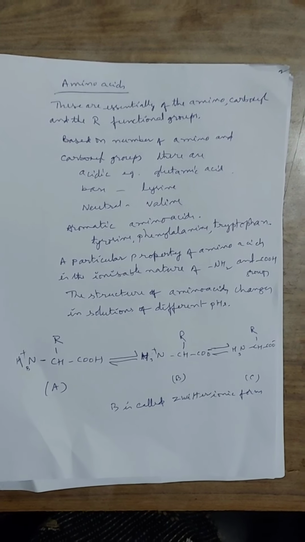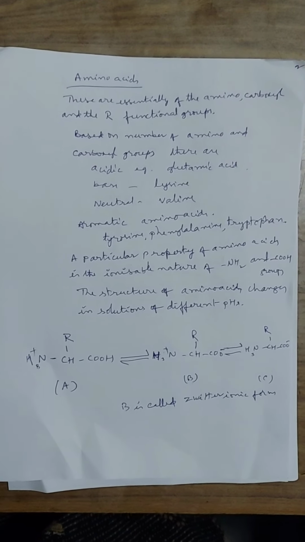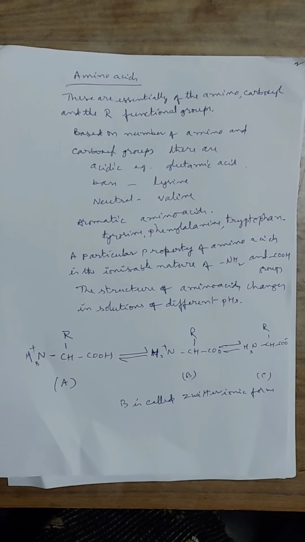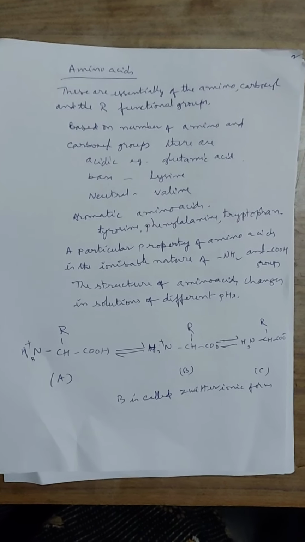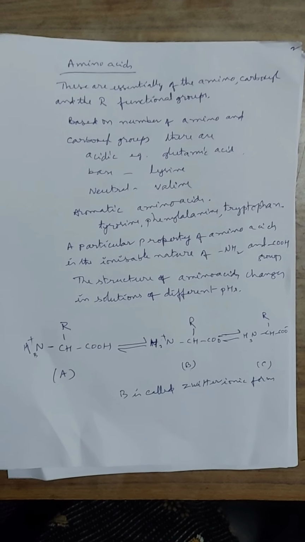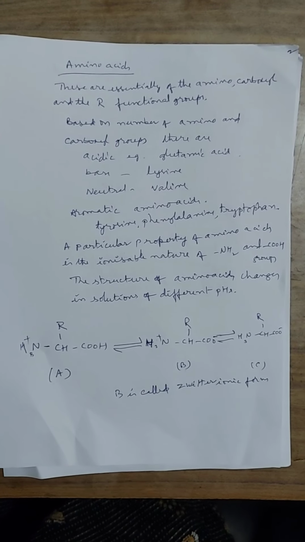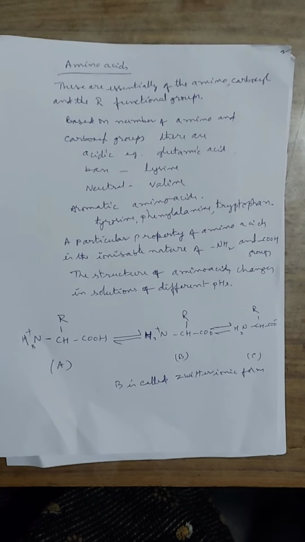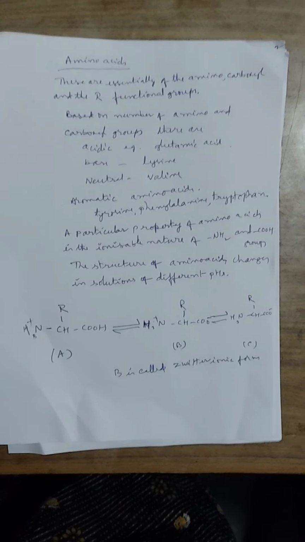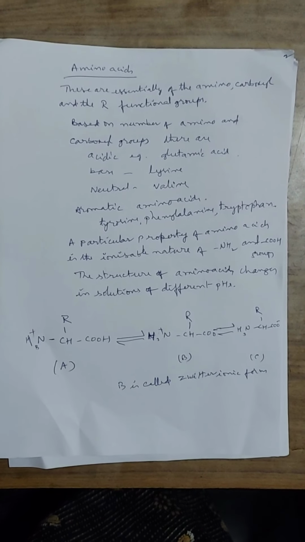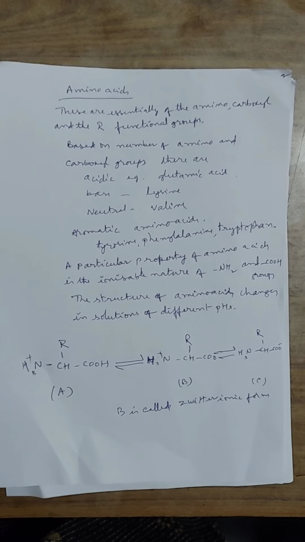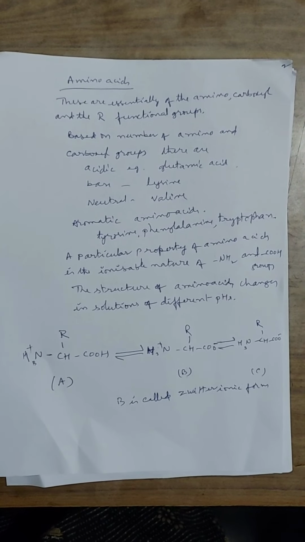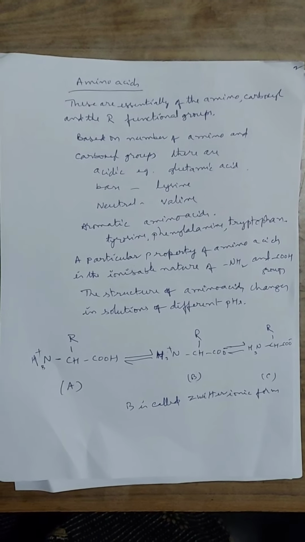Based on the number of amino and carboxyl groups, these are acidic, basic, and neutral. Acidic amino acid is glutamic acid. Basic is lysine. Neutral is valine. And there are aromatic amino acids: tyrosine, phenylalanine, tryptophan.